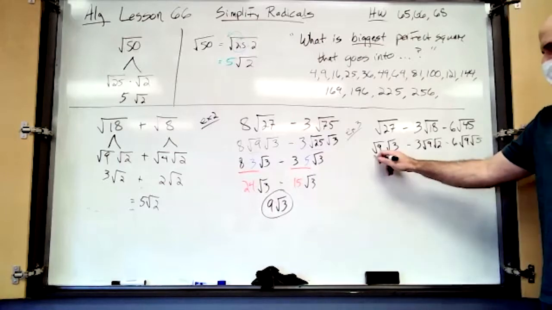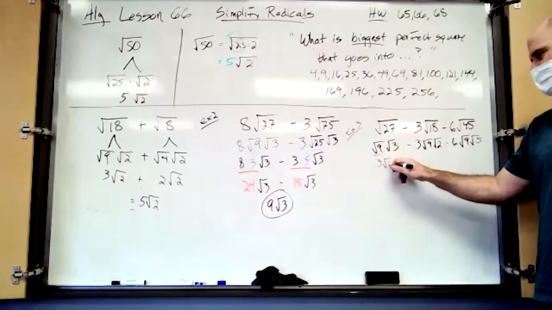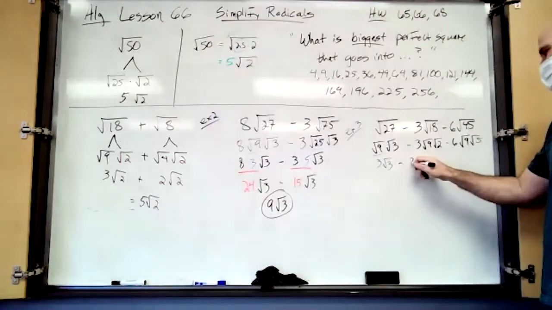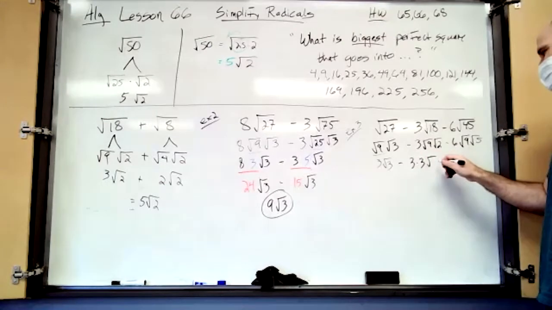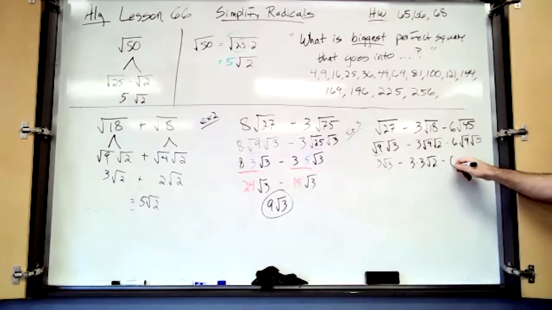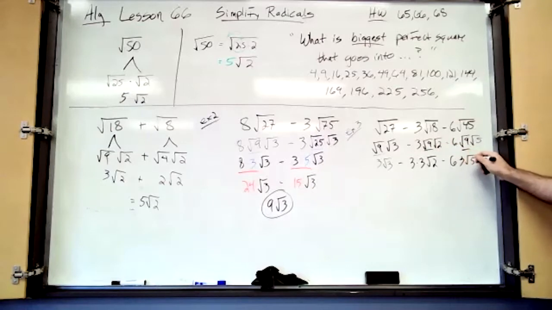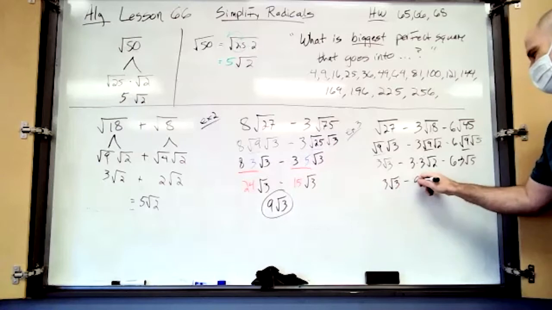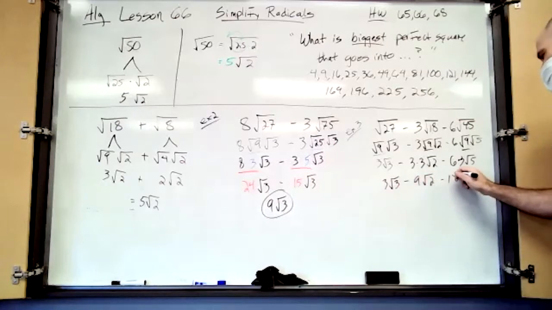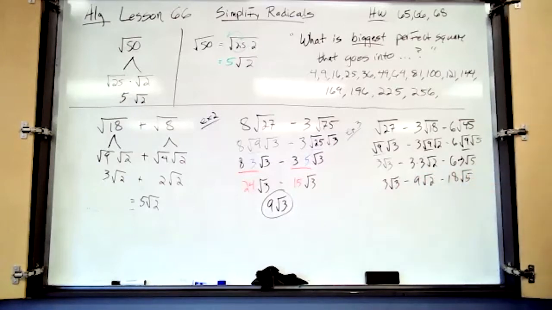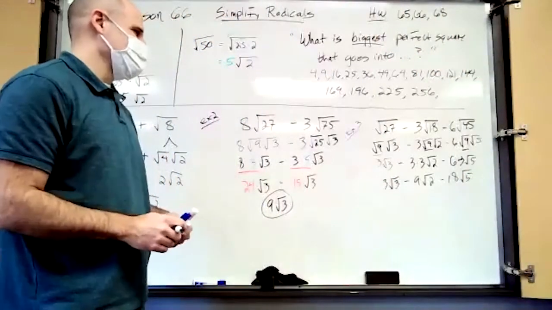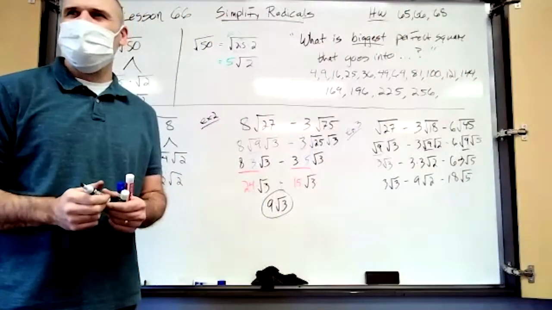So this is just 3 radical 3 minus 3 times 3 radical 2 minus 6 times 3 radical 5. Okay, so that's 3 radical 3 minus 9 radical 2, minus 18 radical 5. And that's it. Very unsatisfying, but that's it. Okay, does that feel all right?